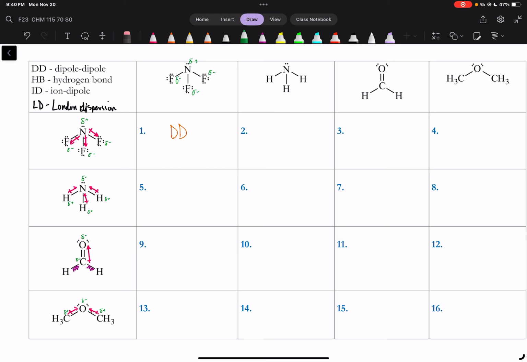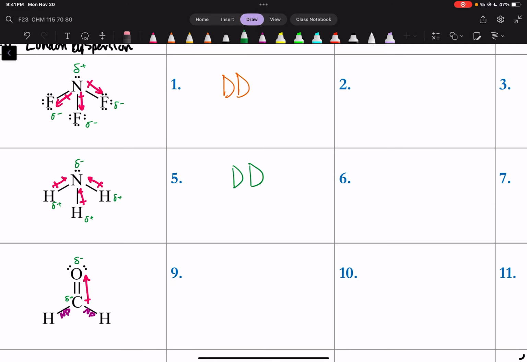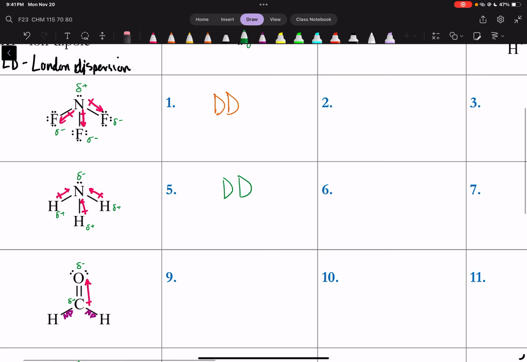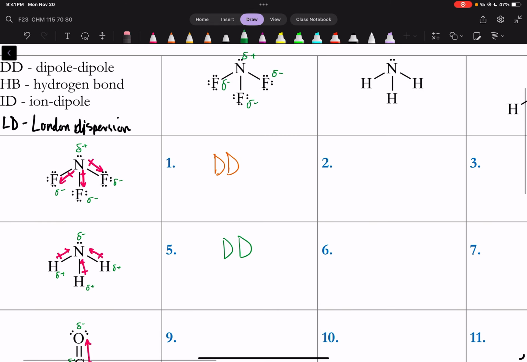And we could see that on the ammonia we have a polar molecule, just like the NF3, so dipole-dipole is definitely there. But also, more importantly, if we take a look at the ammonia, we can see that we have positively charged hydrogens. And when we have that on one molecule, and a negatively charged fluorine on the next, we can actually have hydrogen bonding between them.